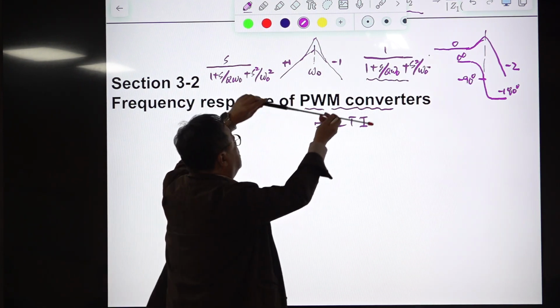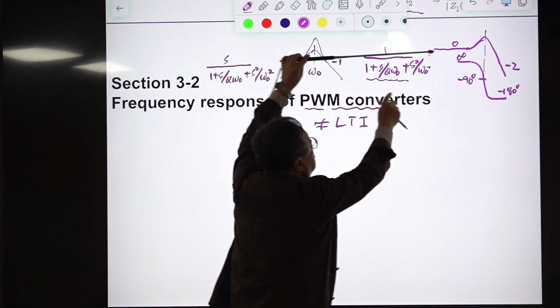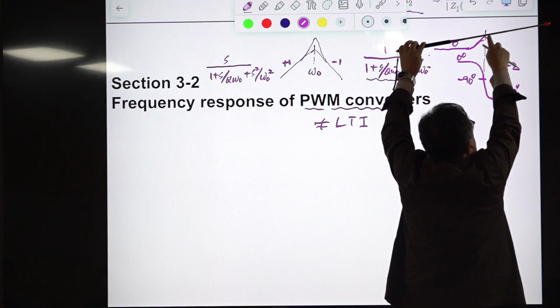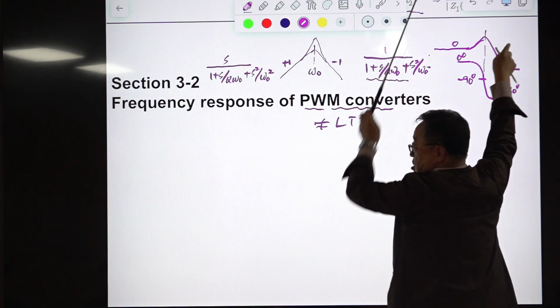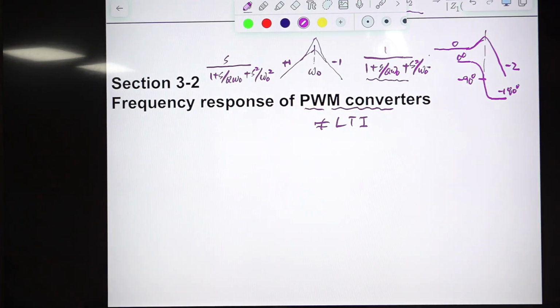But if this stays flat for a while, like it has some line segment, then the phase here is 0. So we need some length to assume the phase during that frequency range to be 0. So that was misinformation. Okay, so I fixed this.